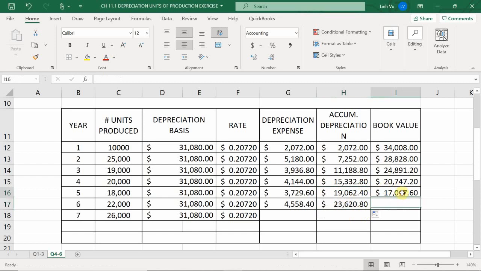Good, which brings my book value down to $12,459.20. Good. Okay. Last year is the 7th year. We drove 26,000 miles. So in this case, what's my depreciation expense going to be for the 7th year?